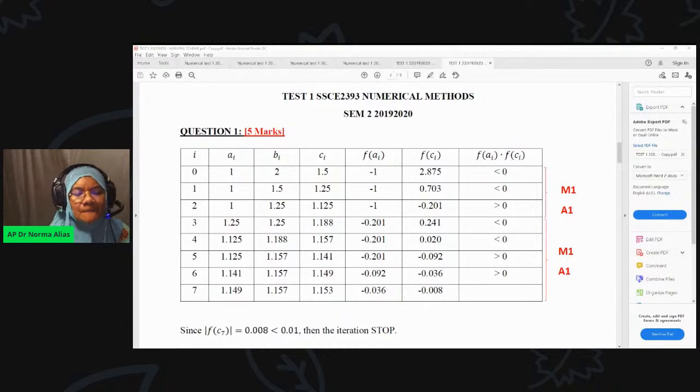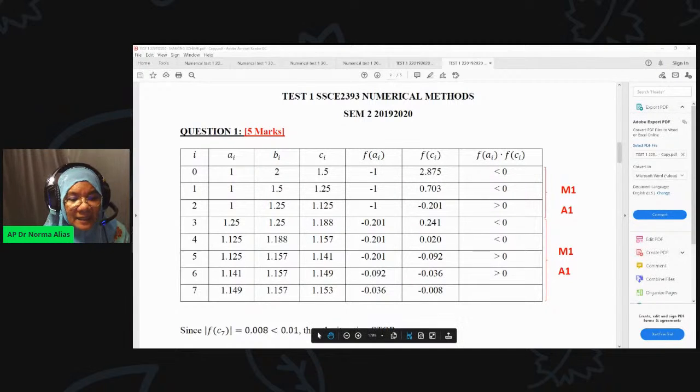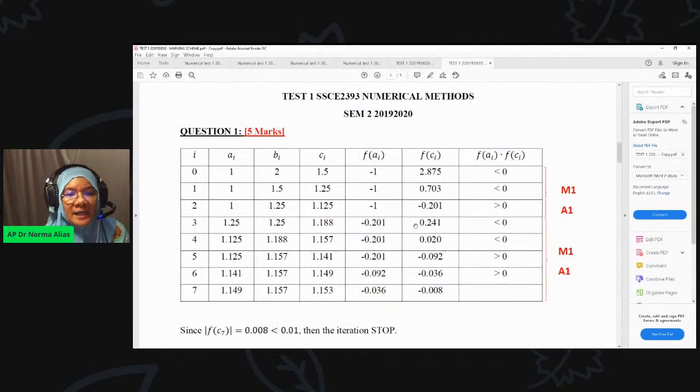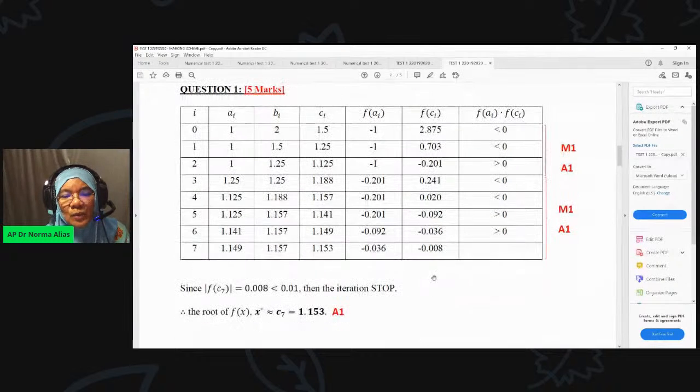Now continue until you meet the condition. What condition? You go back to the question. The condition you need to follow is F(C) less than 0.01. F(C) here is always greater than 0.01, so you want it less than 0.01, which happens at iteration 7.